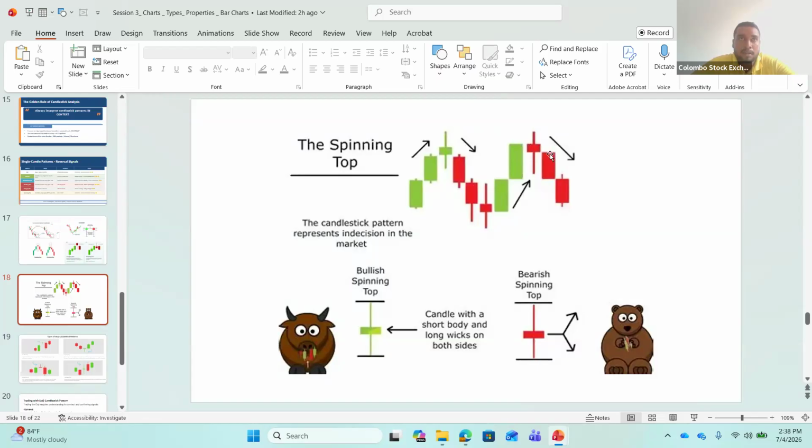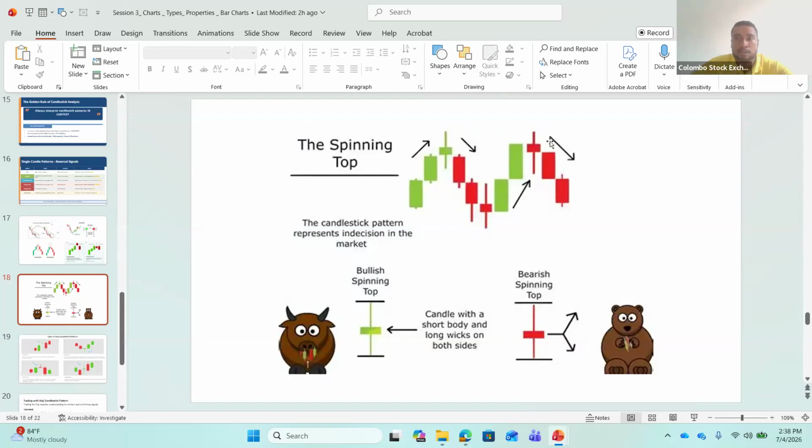So it basically means indecision between the buyers and sellers. That means the buyers and the sellers don't have a clear conviction as to where the market is heading next. This can also occur in a downtrend as well. It also means a potential trend reversal. If you see this, that means a potential trend reversal.